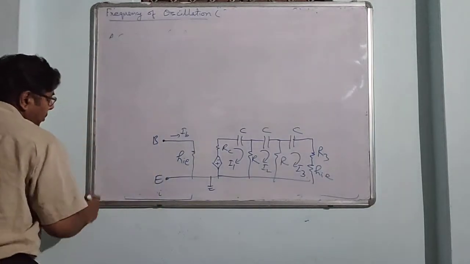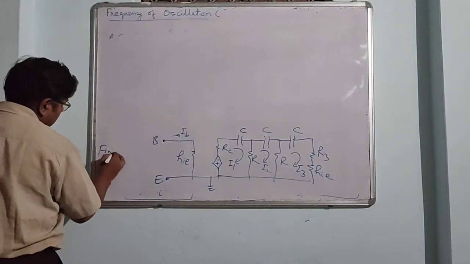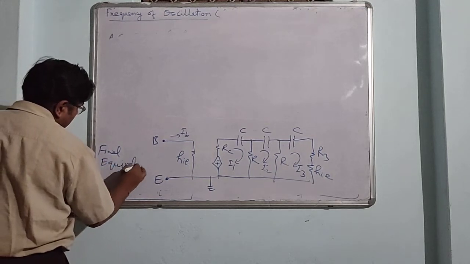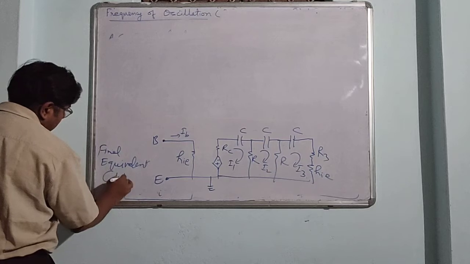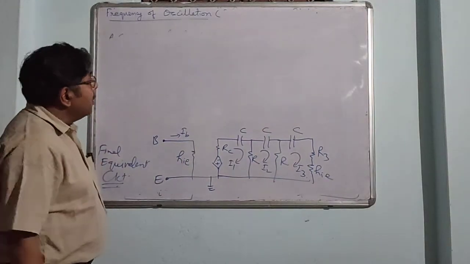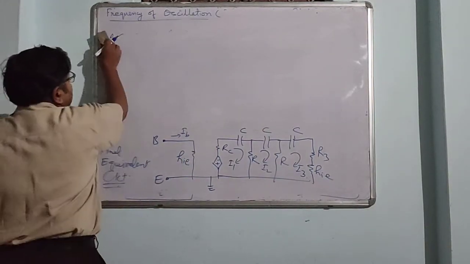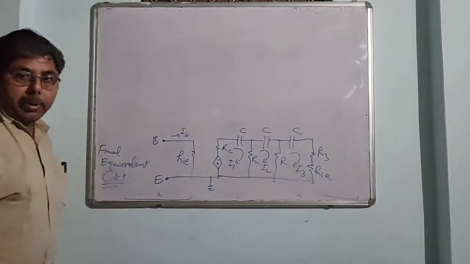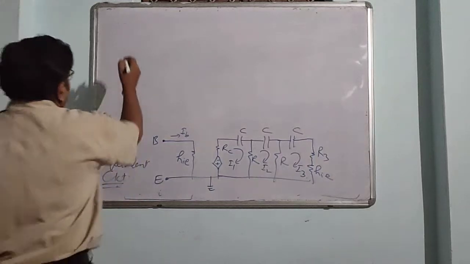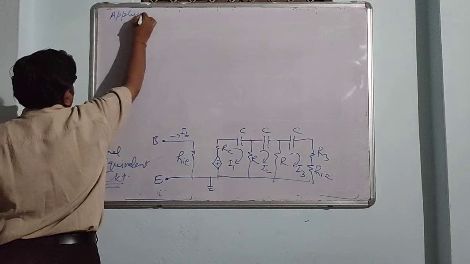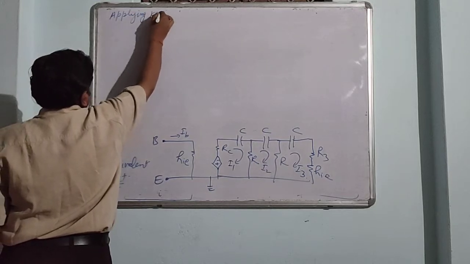So this is the final equivalent circuit. From the given circuit, we have to write this. Now apply KVL.